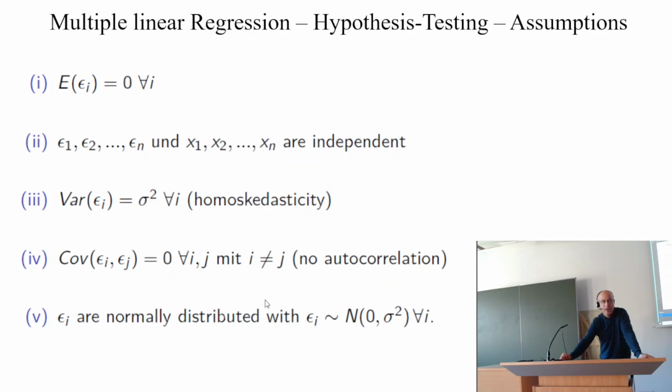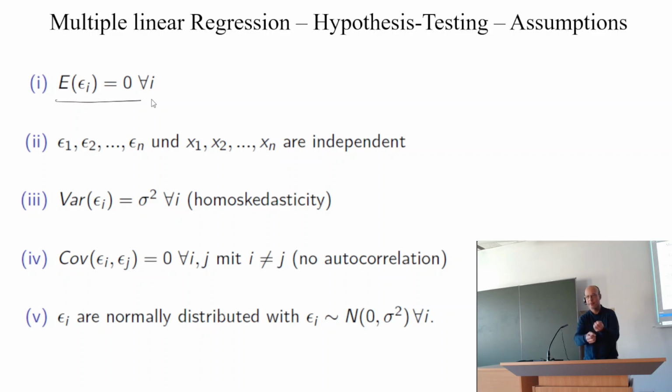And what are the assumptions which we make now so that we can really do this hypothesis testing? Well, the first one is that in general we have equal probabilities that we are too high or too low with our estimation.